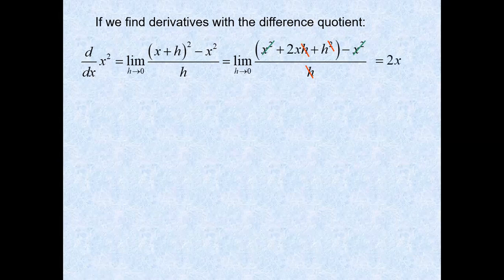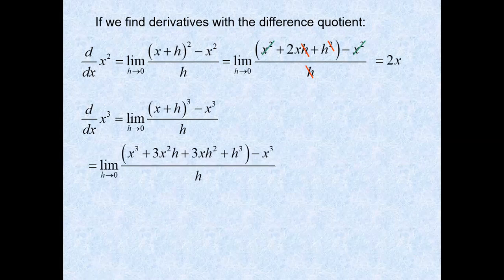So what about d/dx of x cubed? It equals the limit where h tends to 0 of (x plus h) cubed minus x cubed all over h. By putting it in the original definition and simplifying it, by factoring it, we have x cubed plus 3x square h plus 3x h square plus h cubed minus, by the formula, x cubed, all over h.